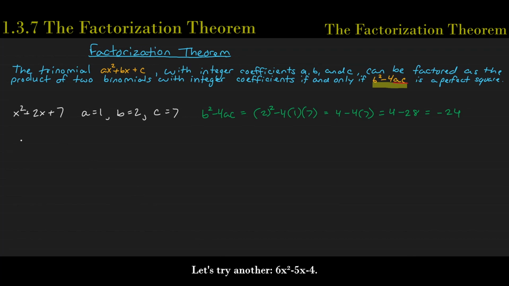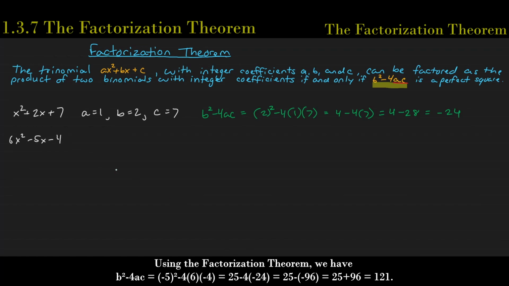Let's try another. 6x² minus 5x minus 4. Using the factorization theorem, we have b² minus 4ac equals negative 5² minus 4 times 6 times negative 4.